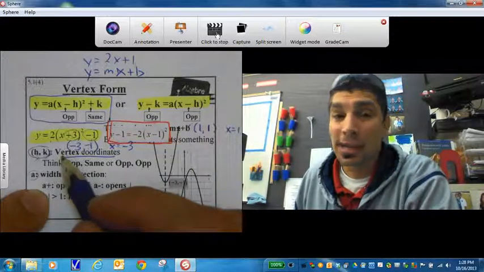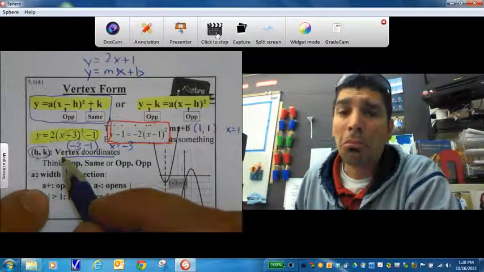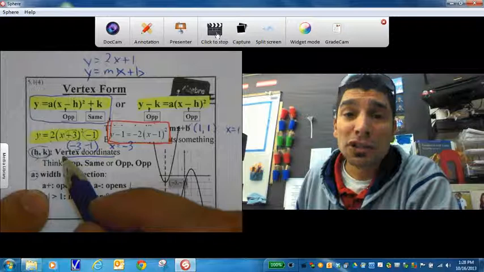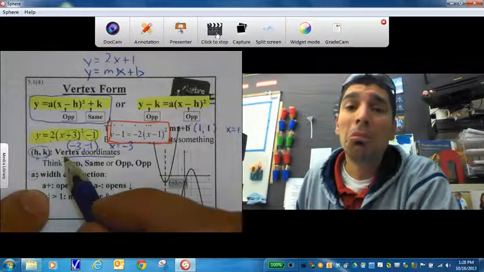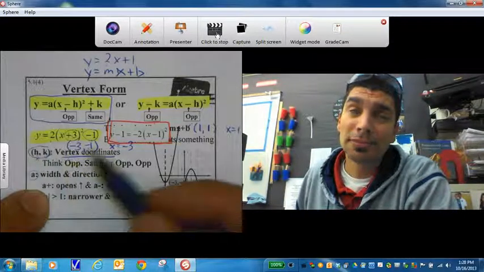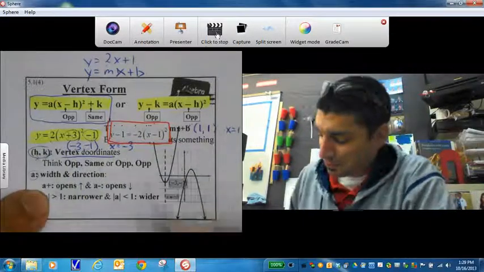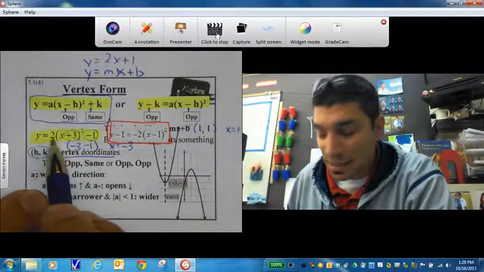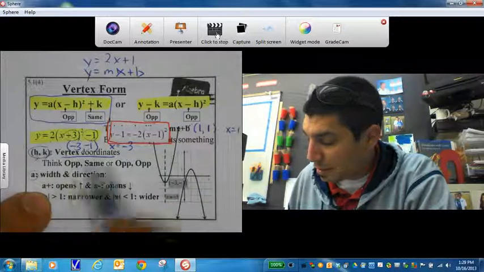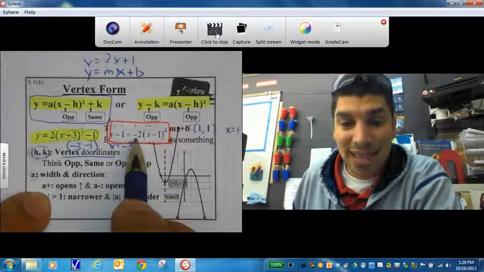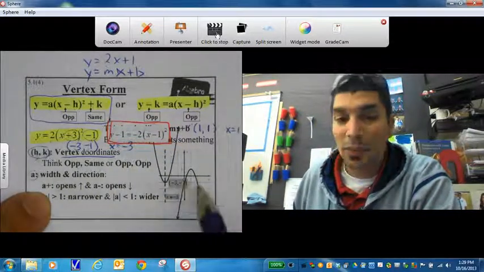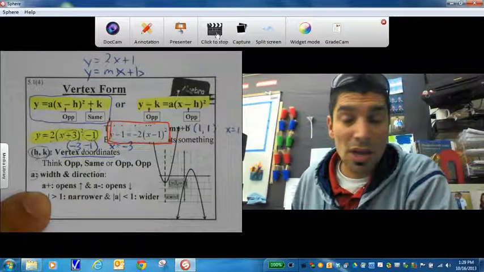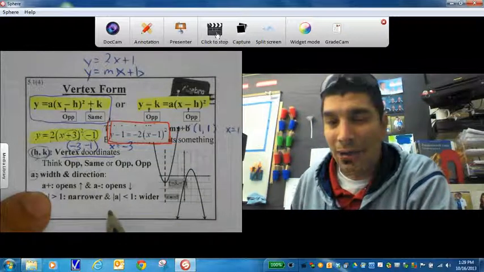Are you a negative person? Which way is your mouth parabola? Alright, so this one's positive, it opens upward. This one, this A is negative, it opens downward. Making sense?